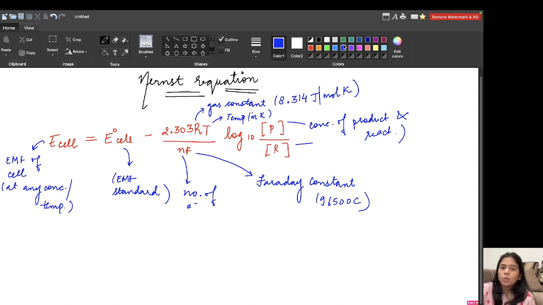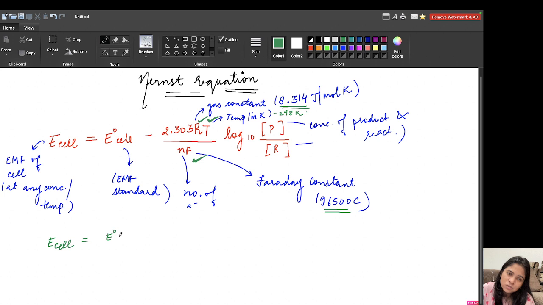Now, if I put the value of R, 8.314, my temperature is also fixed at 298 Kelvin, and Faraday is 96,500, I will get a similar equation.